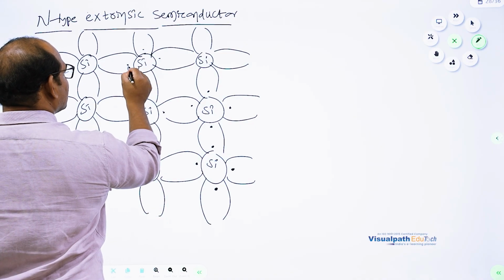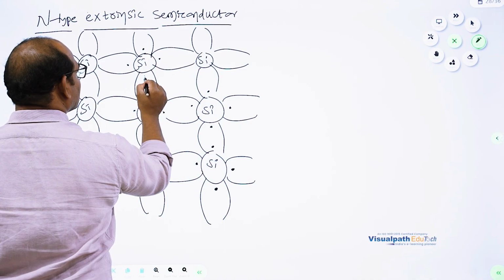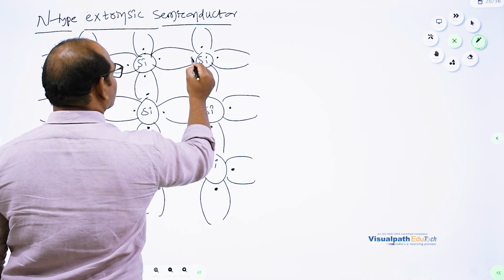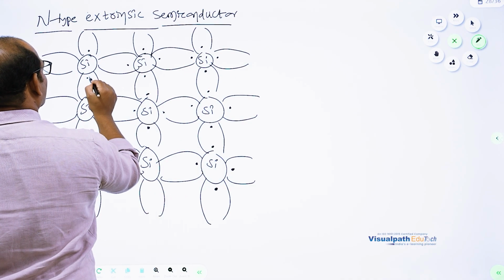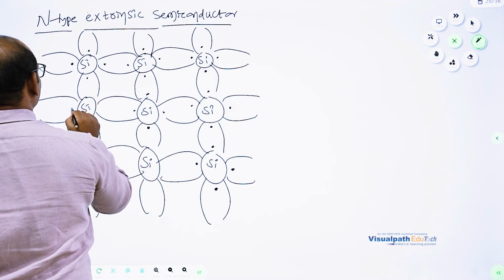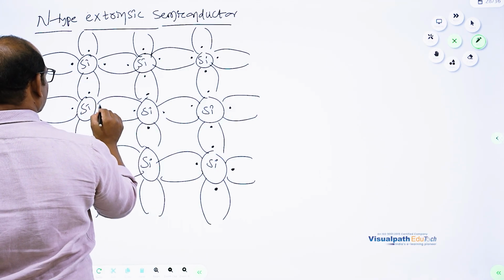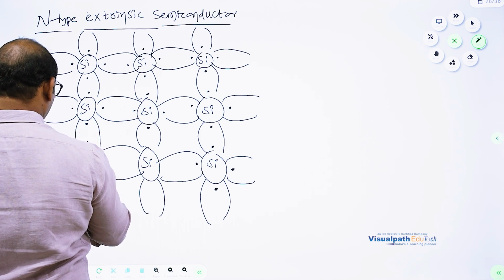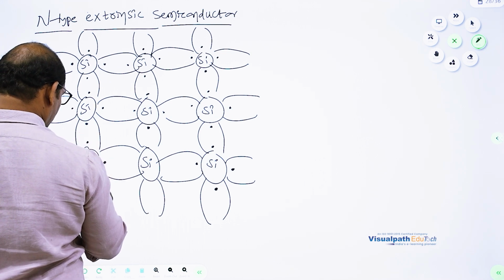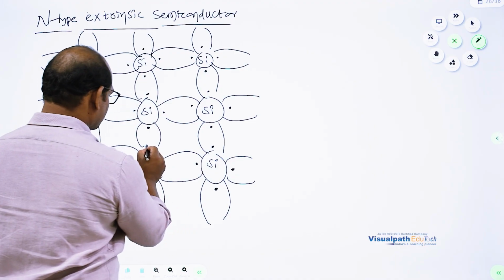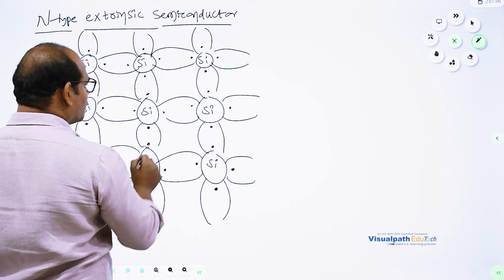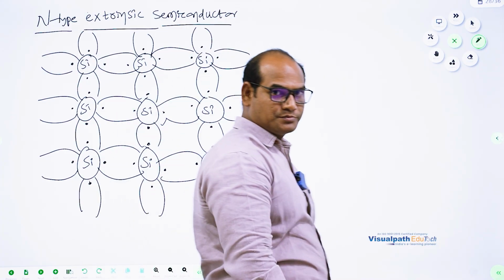For all the silicon atoms, I am representing their 4 outermost electrons. Like this I am representing. You concentrate on this silicon atom.